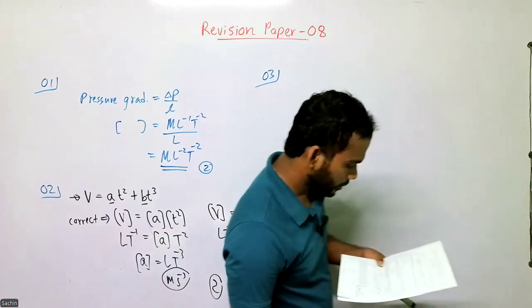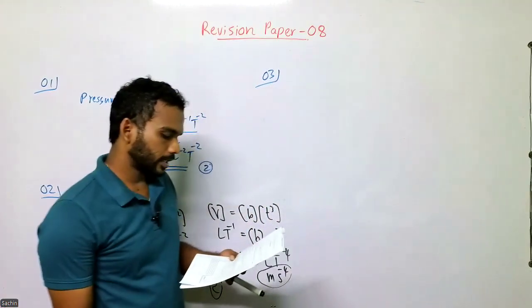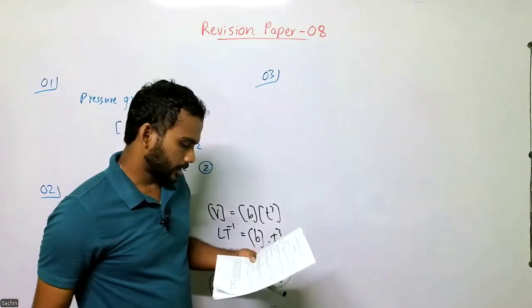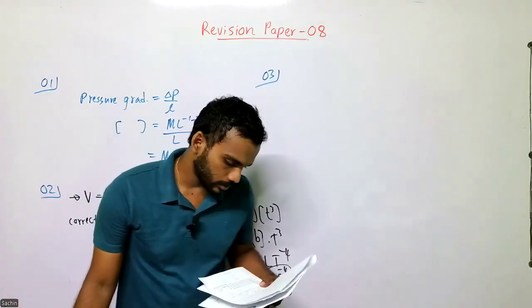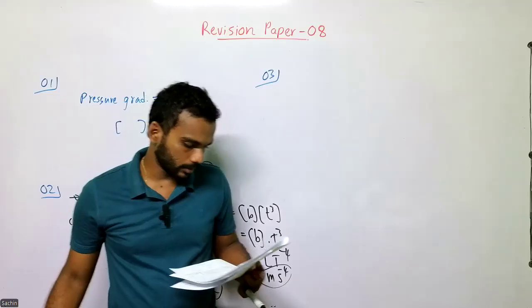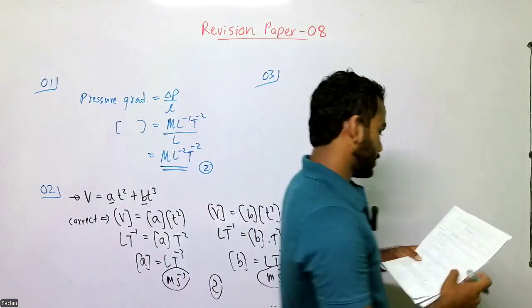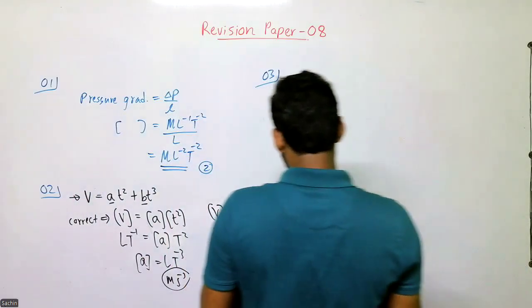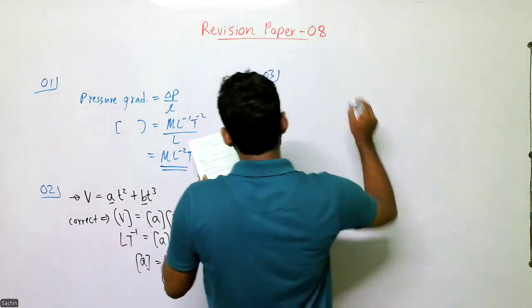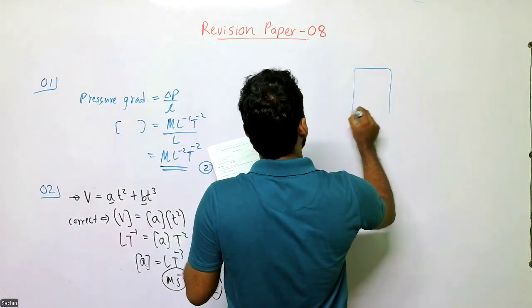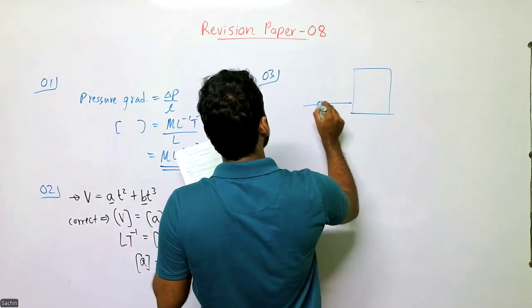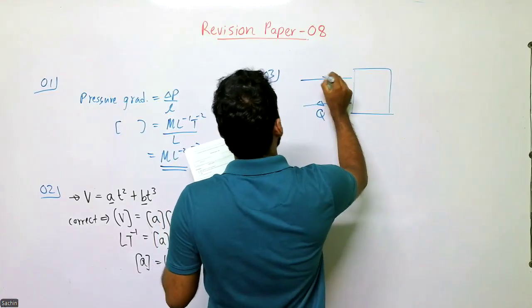How should the prism be kept to obtain the refracted ray Q of the ray P shown in the figure using that prism? So you have to obtain this Q ray, which is the refracted one, using ray P.